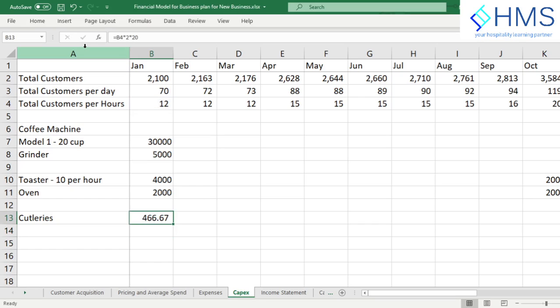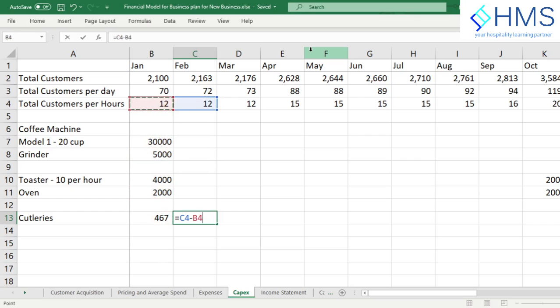So that's the initial investment you need. And then for every increase in the customers, you will need to increase it. So you can say, how much is the increase? This is the increase in the customers.